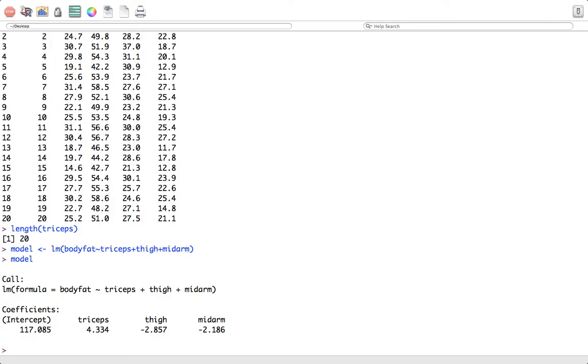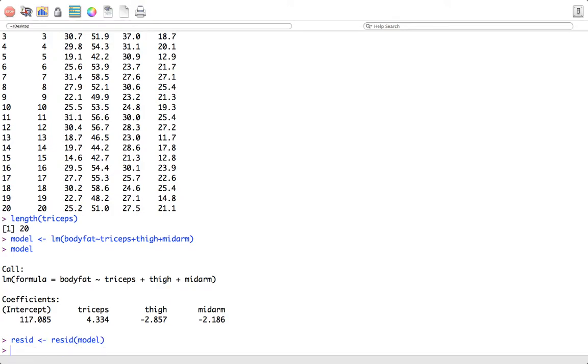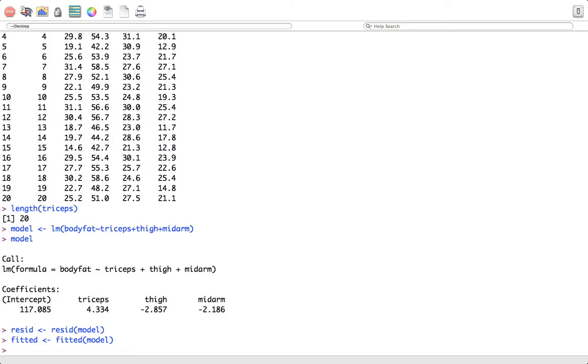Now, I want to come up with my residuals. I want to come up with my fitted values. But now I'd like to get into some influence diagnostics. So the first thing I want to run is DFFITS.